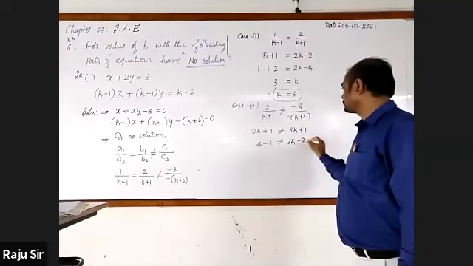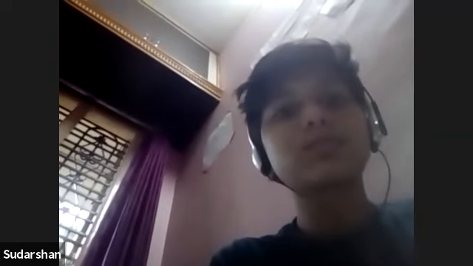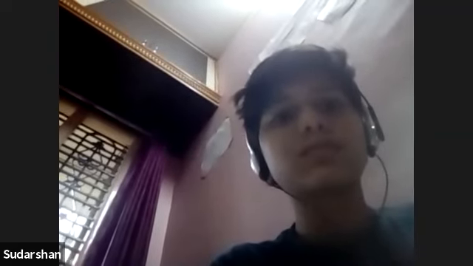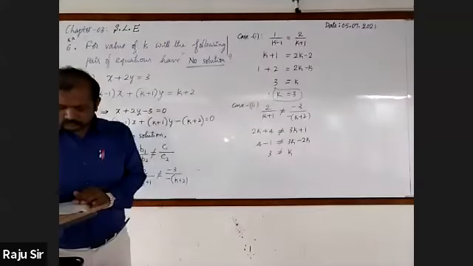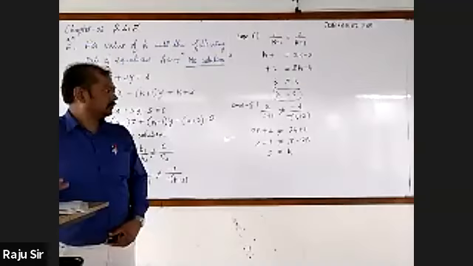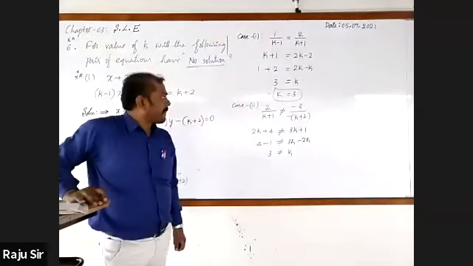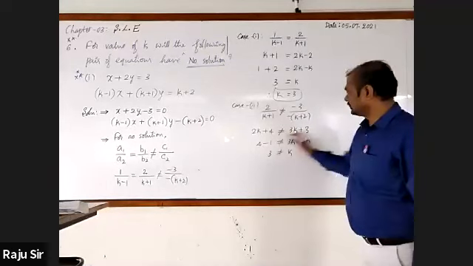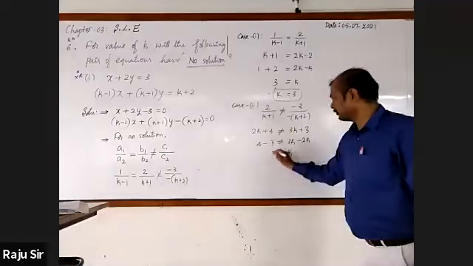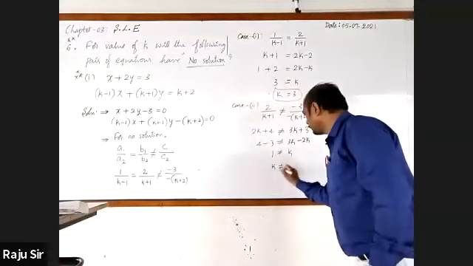It becomes minus 2k. 1 is not equal to k. So k is not equal to 1.